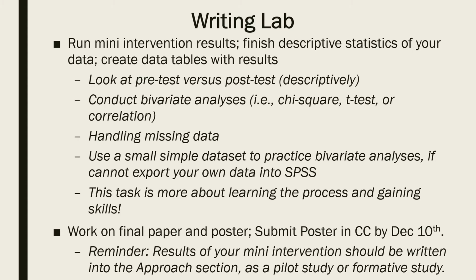And when you run the results, make sure you create some data tables that you can include in your mini grant. You can even look at pre-test, post-test just descriptively and say, at pre-test, this is what I found, and at post-test, this is what I found, which a lot of you did in your writing lab last week. This week, I want you to try to experiment with some bivariate analyses.